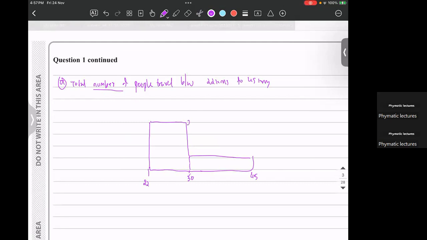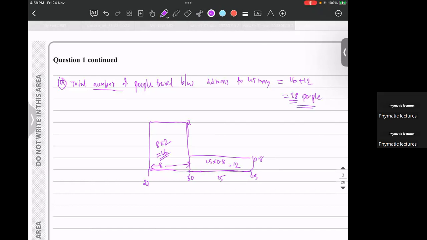This height, we know that it is 2. This difference is 8, correct? And this height is 2. So 8 times 2, this is 16. And the difference here is 15, and this height is 0.8. So 15 times 0.8, that is 12. Therefore, the answer is 16 plus 12, that is 28 people.